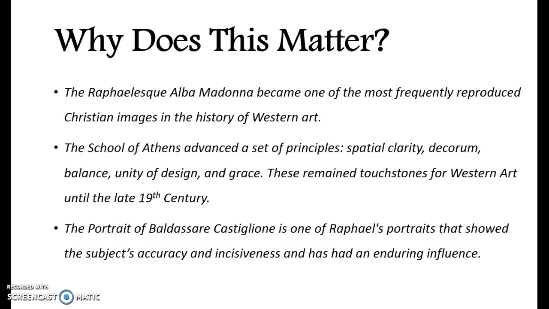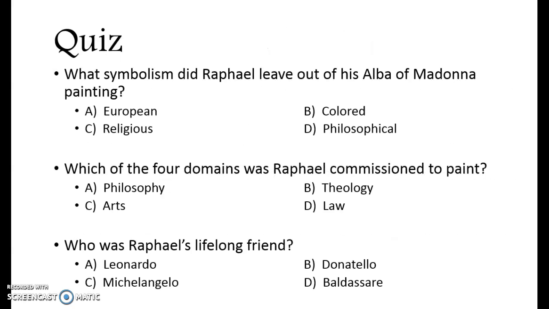They remained touchstones for Western art until the late 19th century, and that's a good while. To see that remain for so long was amazing. And the portrait of Castiglione is one of Raphael's portraits that showed the subject's accuracy and incisiveness, and it has had an enduring influence to this day.